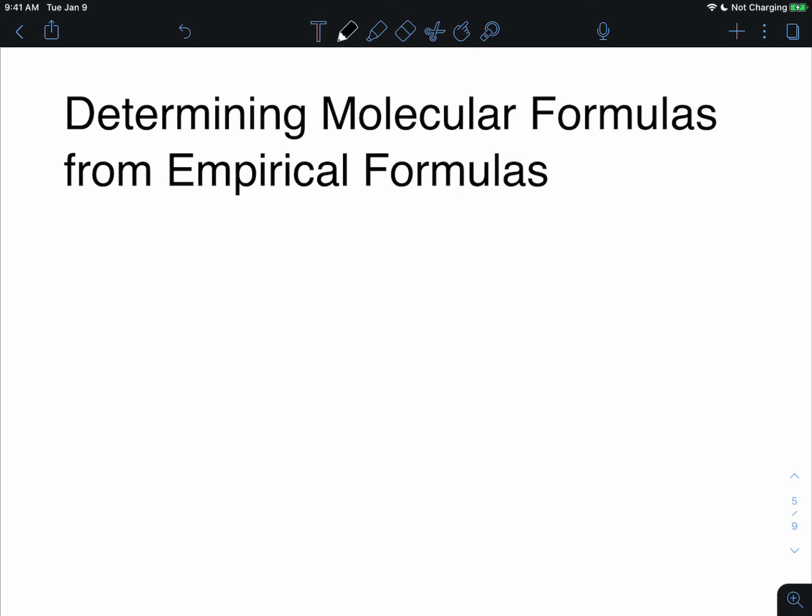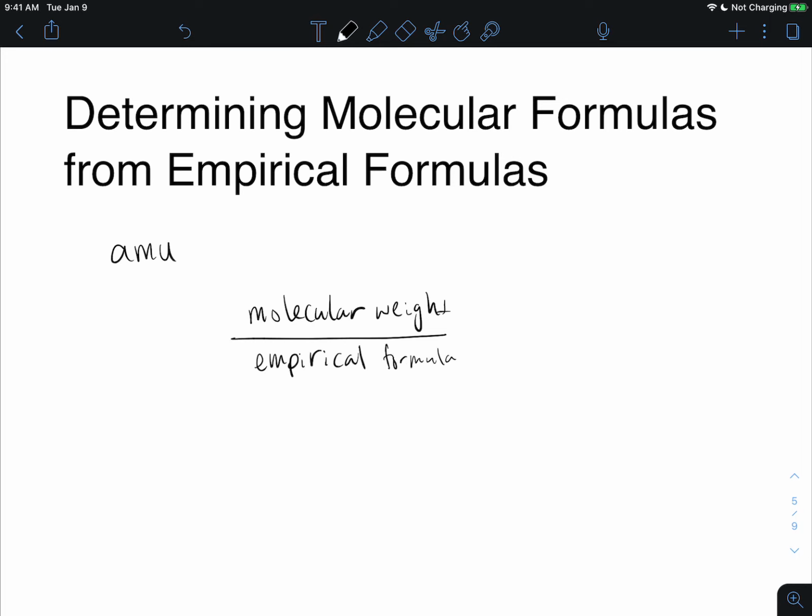All we need to do, if we are dealing with AMU, is take our molecular weight and divide it by our empirical formula weight, and this is going to give us a whole number multiple. And this we will multiply our empirical formula by, so all the numbers within our empirical formula.